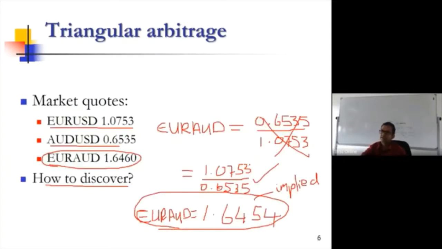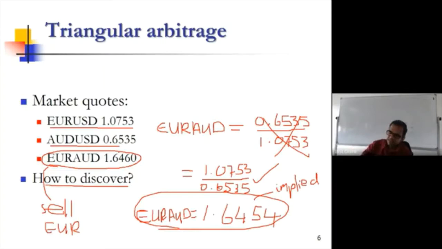If we go back, this is expensive, this is cheap. What you can do is sell euro in the market against Aussie. Once you sell euro, you will get some amount of Australian dollars.